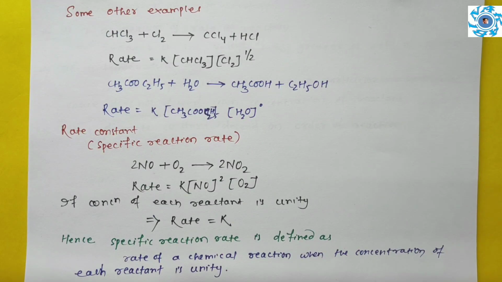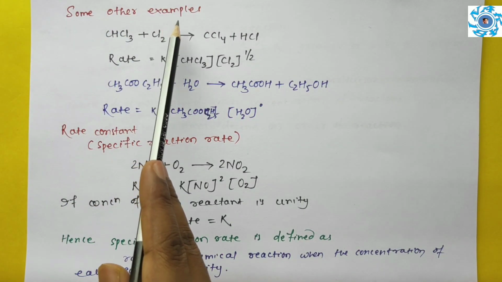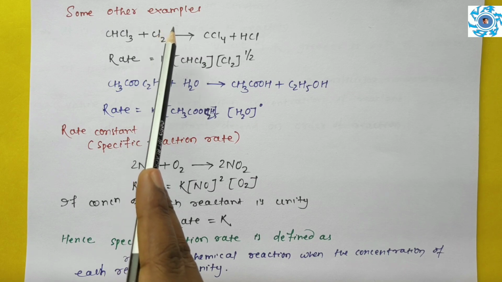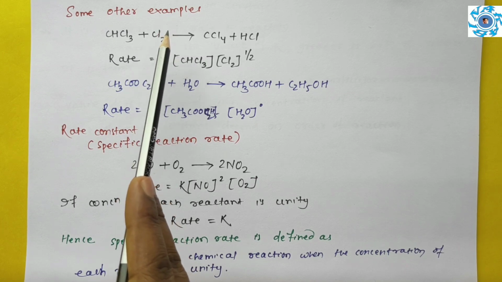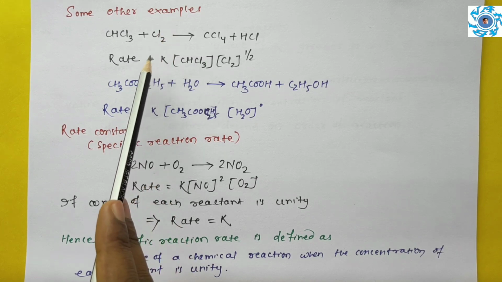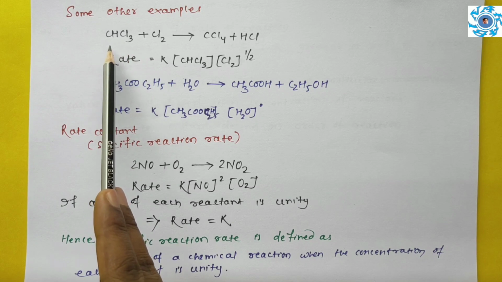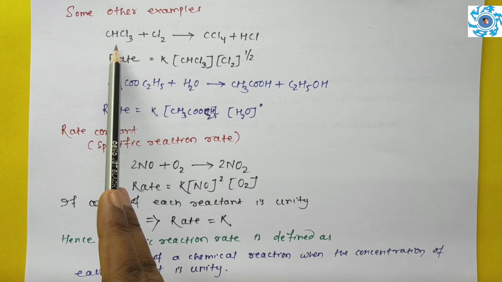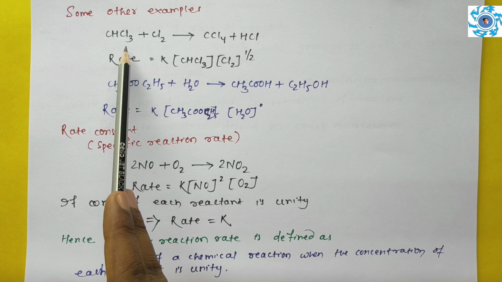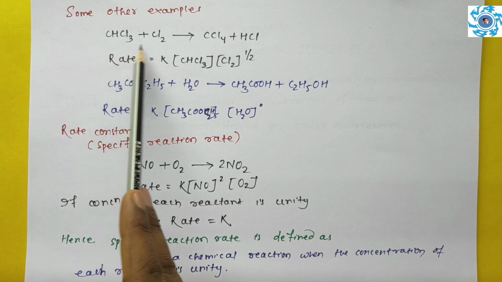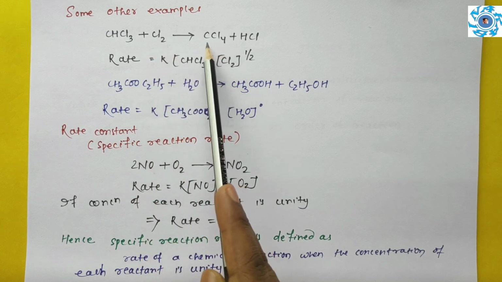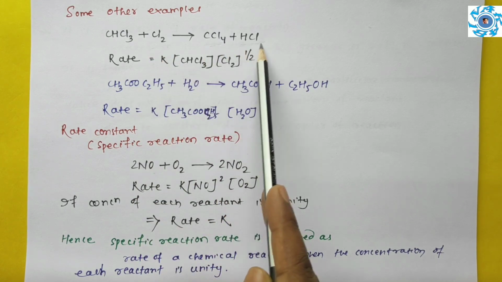Let's see some other examples. Some other examples are presented in front of you. Watch carefully and try to understand. Suppose here we are taking CHCl3, that is chloroform. You are observing chloroform reacts with chlorine to form carbon tetrachloride with HCl.